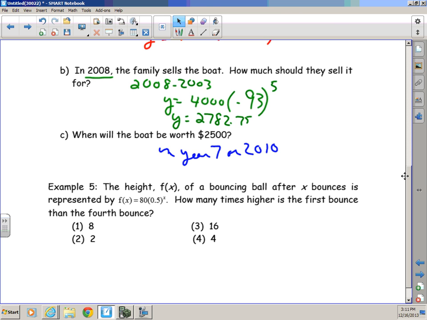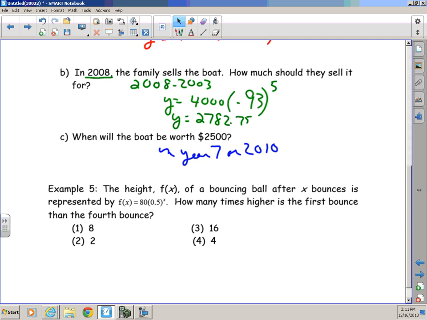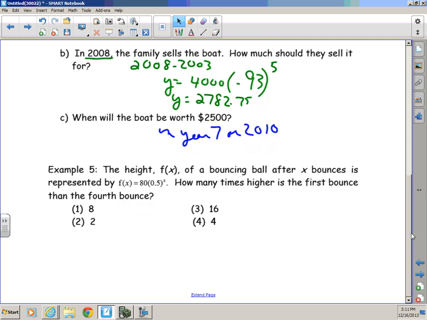All right? The height f of x of a bouncing ball after x bounces is represented by the function f of x equals 80 times 0.5 to the x power. How many times higher is the first bounce than the fourth? Well, what this is telling you to do is find what it is after one bounce.